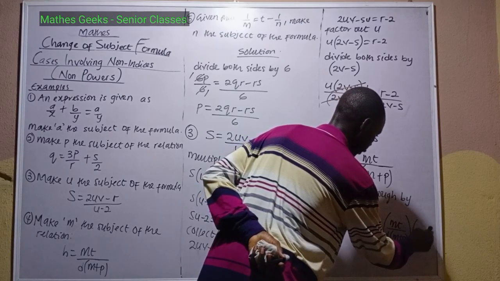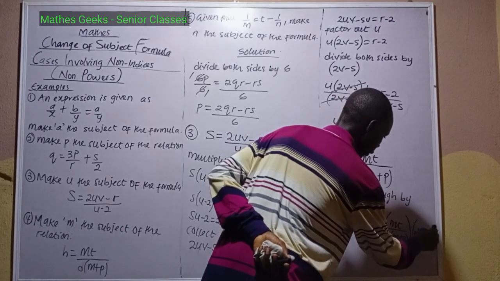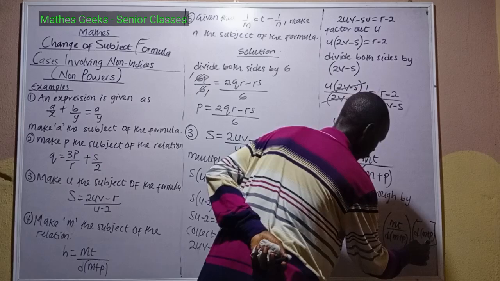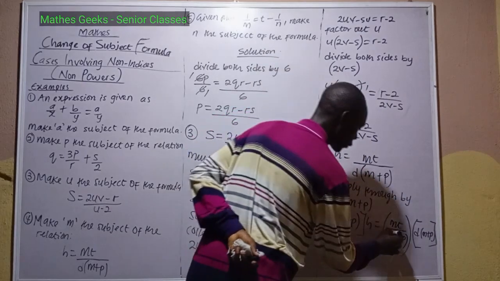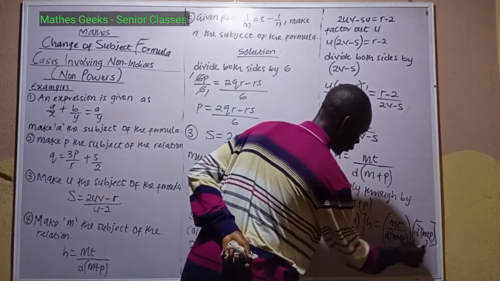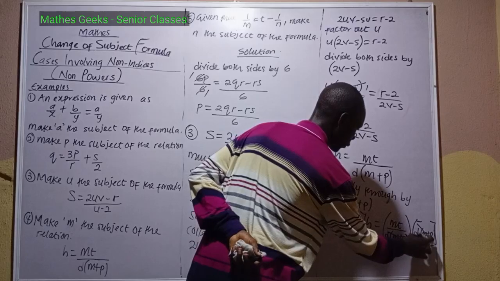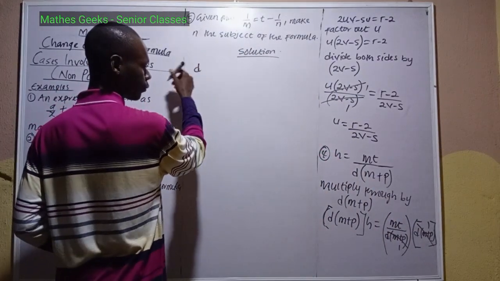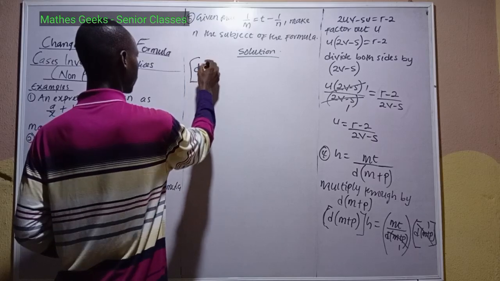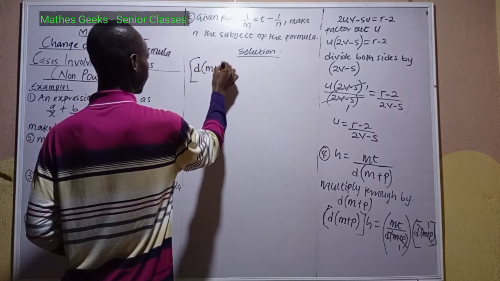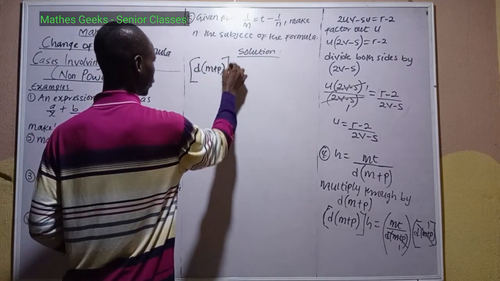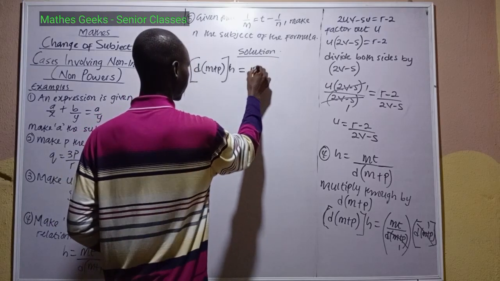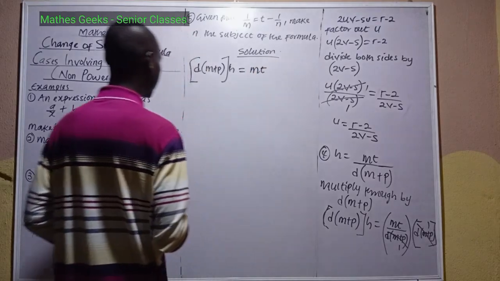Okay. This will cancel, 1 and 1. So h(dn plus p) equals nc.